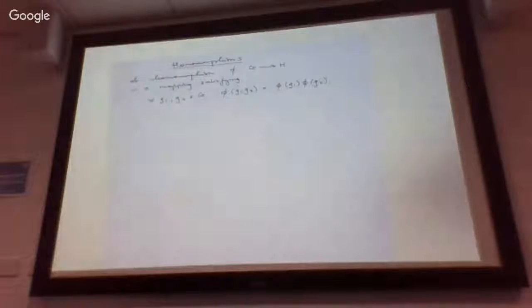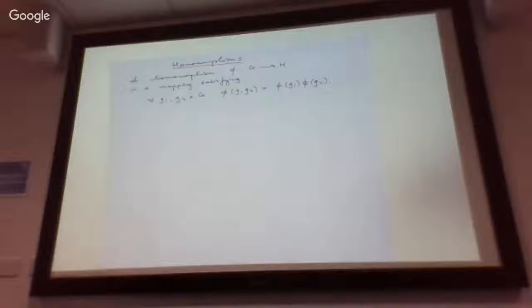That product on the right-hand side is taking place in H. You're multiplying together 2 phi values, which live in H. This is what we referred to before as the homomorphism property.